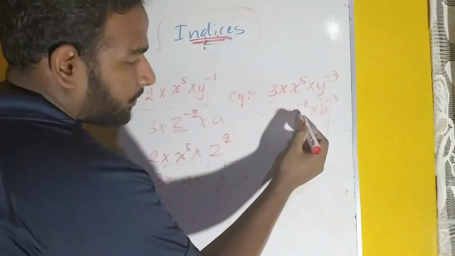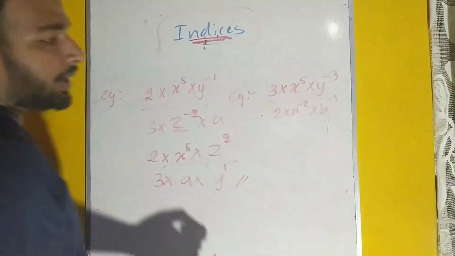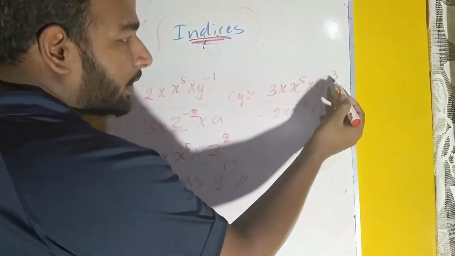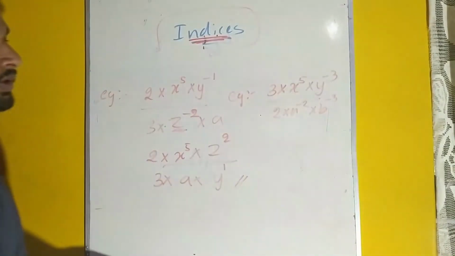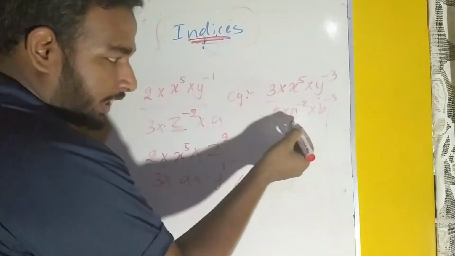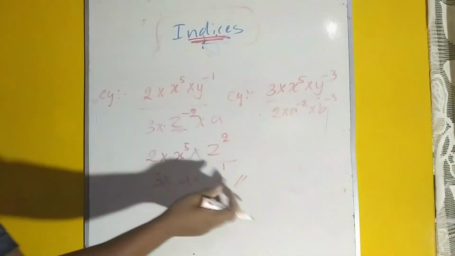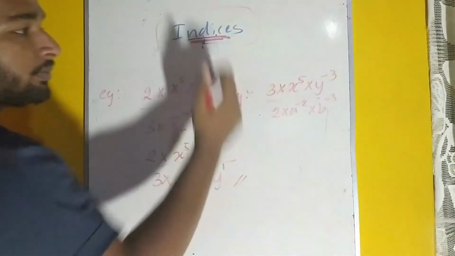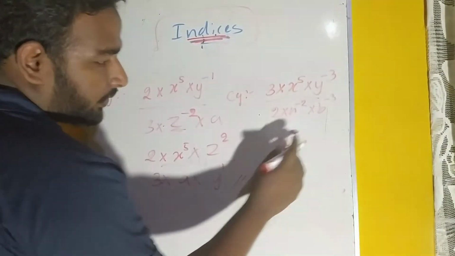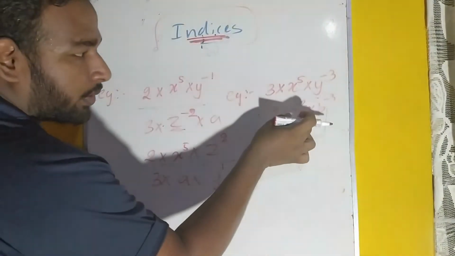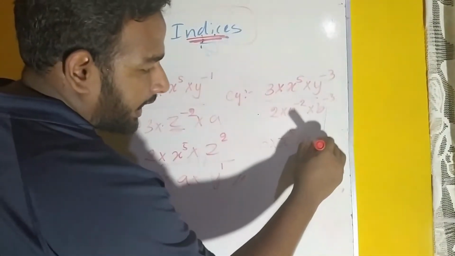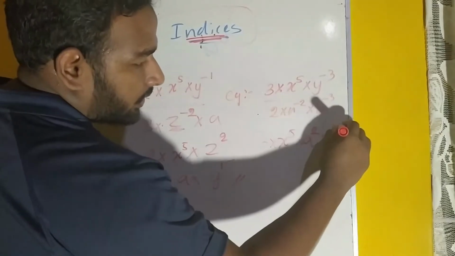In the denominator, the powers of a and b are negative. So y should become the denominator, and a and b should become the numerator. So I am writing 3 into x to the power 5, which won't change, but a to the power minus 2 comes up and b to the power minus 3 comes up, so it should be a to the power 2 into b to the power 3.